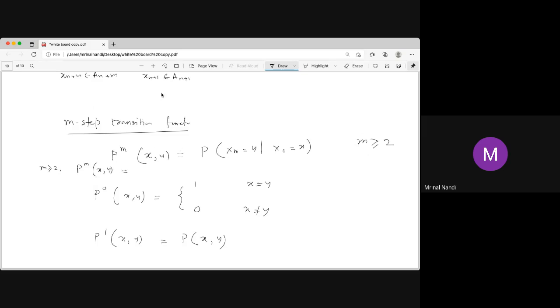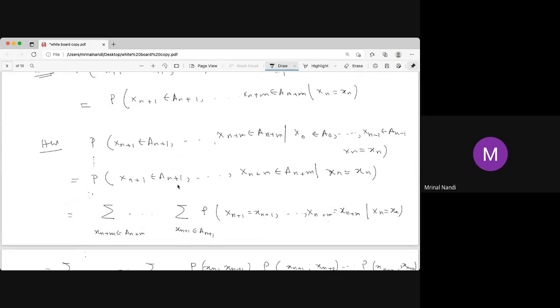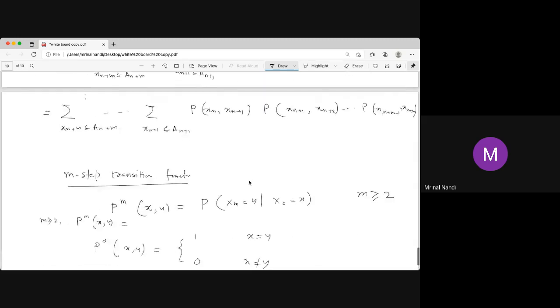Now you have to use this result. You fill up all these steps with the state space S, the whole thing. We don't know where X_1 is, so it belongs to the whole state space. X_2 belongs to the whole state space. The last one you have to replace with A_1 equal to whole state space, A_2 equal to whole state space, up to A_{m-1} equal to whole state space.